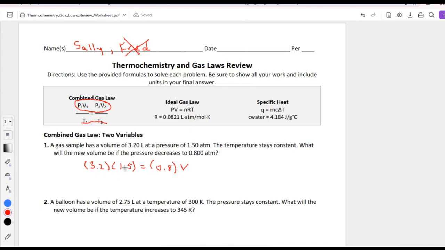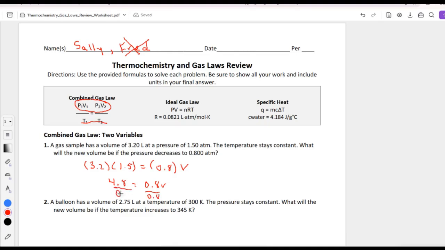All right, so it's just solving, just simplifying. I'm going to start with the left side. I'm going to go 3.2 times 1.5, which equals, on the left side, 4.8. That equals, over here, 0.8 V. To get V by itself, I've got to divide both sides by 0.8.